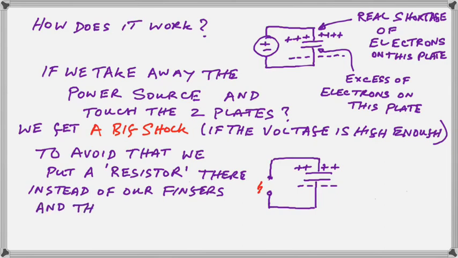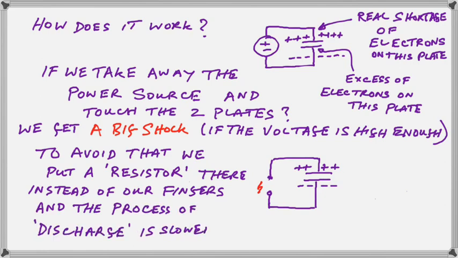The resistor slows down the flow of current and allows it to discharge over a longer period of time, and the energy that was contained in the capacitor gradually heats up the resistor. It may not get hot to your fingers, because if it's a small capacitor, there's not sufficient energy to make it get hot, but that's the physics behind what actually happens.